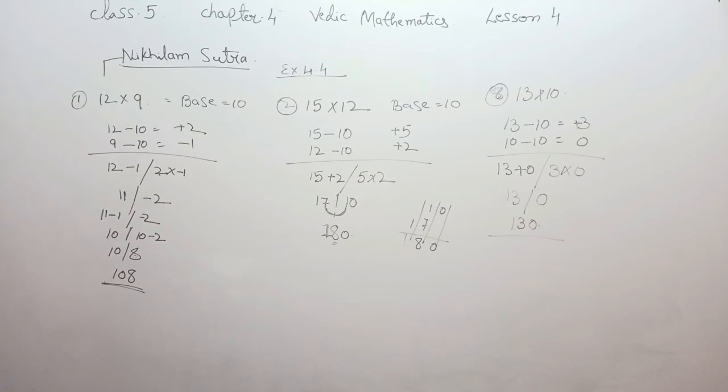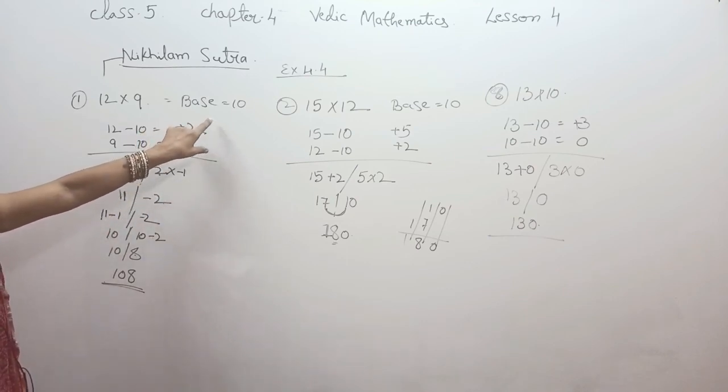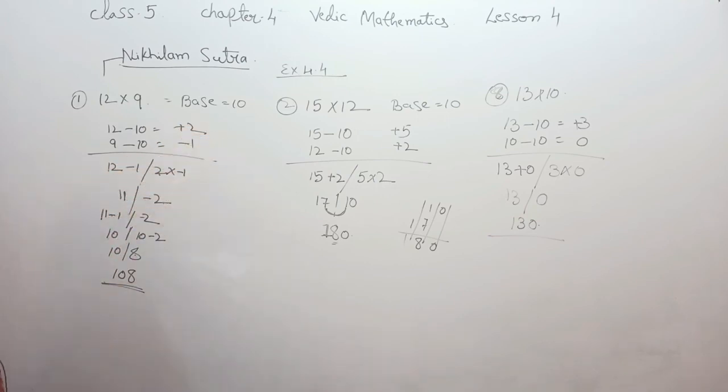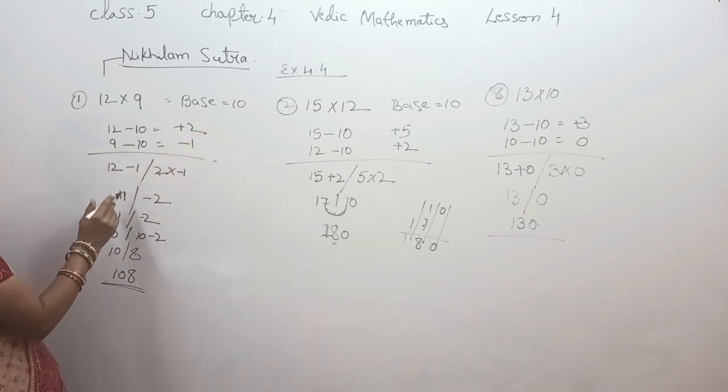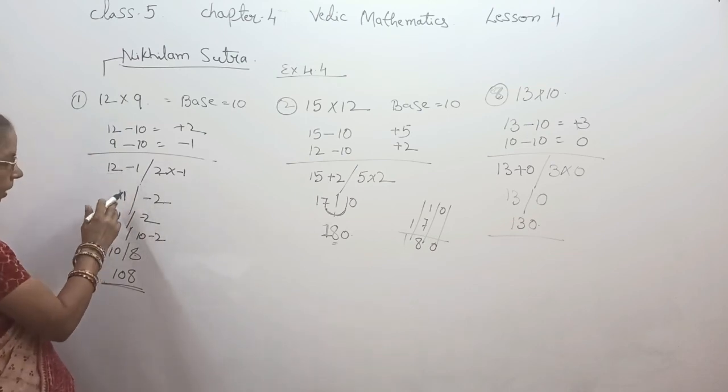I hope you all understood this Nikhilam Sutra. I repeat again: when you get a question on Nikhilam Sutra, first take the base, then find the deviation. Then take the first number and add or subtract the deviation of the second number, and by putting a slash, multiply the deviations. If the deviation is minus, subtract it; if plus, add it.